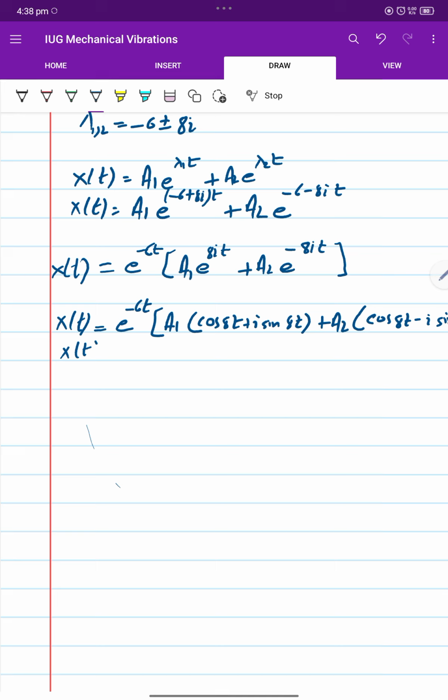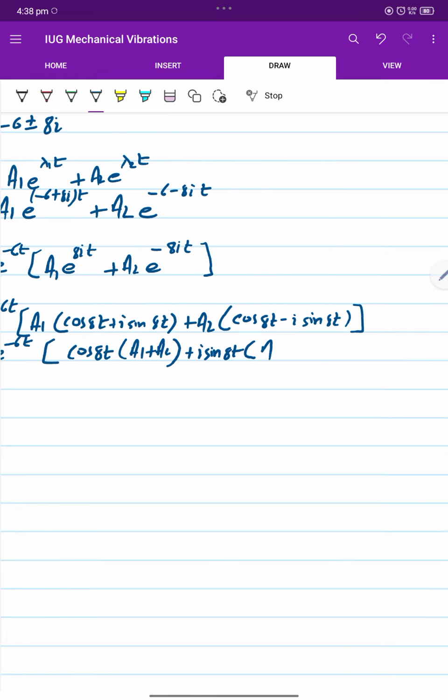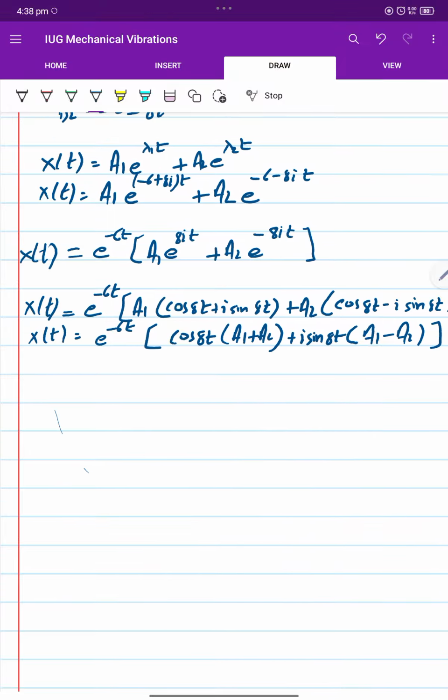So x of t becomes, separating cosine and sine, e exponent minus 6t times cosine of 8t into a1 plus a2, plus iota sine of 8t into a1 minus a2. Now we have separated the whole solution in terms of cosine and sine.